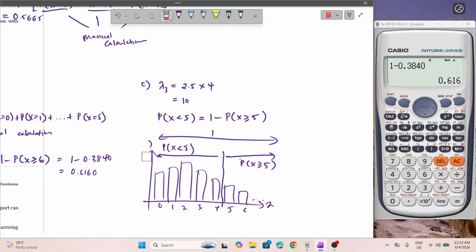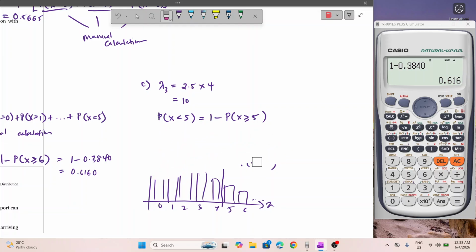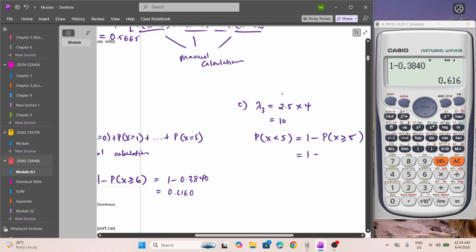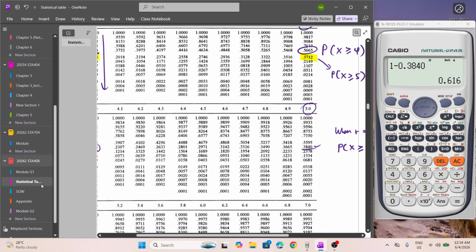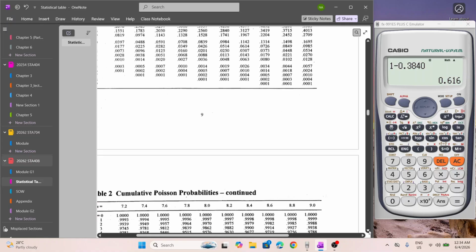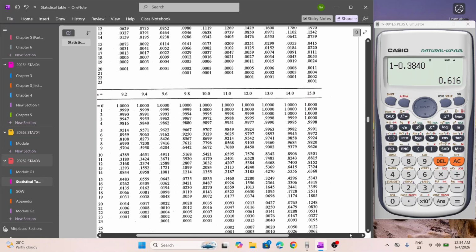Okay, now let's erase this. So 1 minus what is the probability value? Again, let's look at the statistical table and find our new lambda, which is equal to 10.